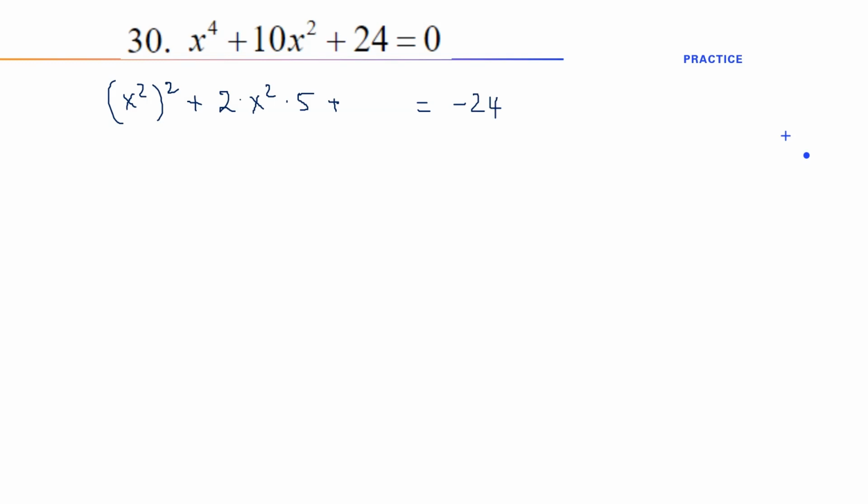We need to add to both sides 5 squared, add both sides 5 squared. And now it becomes x squared plus 5 all squared equal 1. Now we take the square root of both sides. So x squared plus 5 equals plus or minus square root of 1, which is 1.